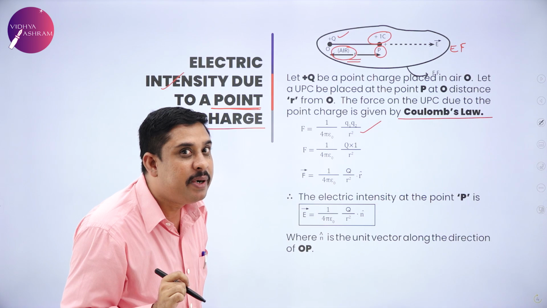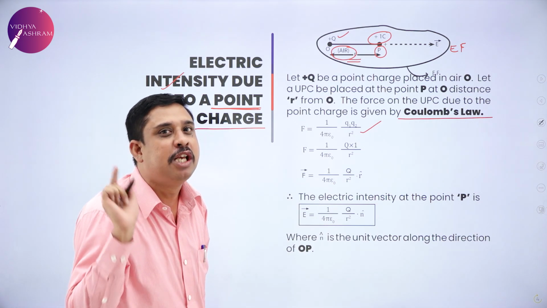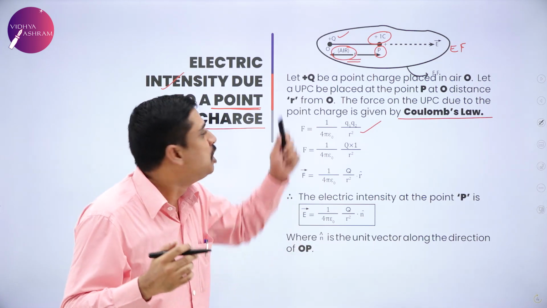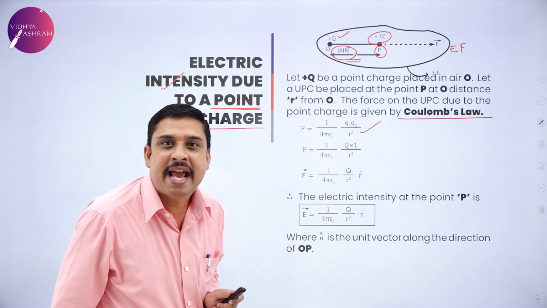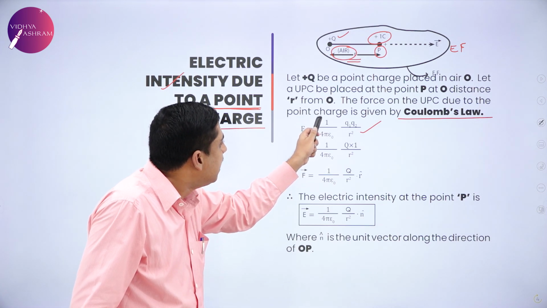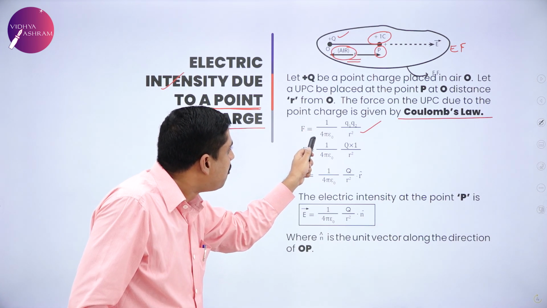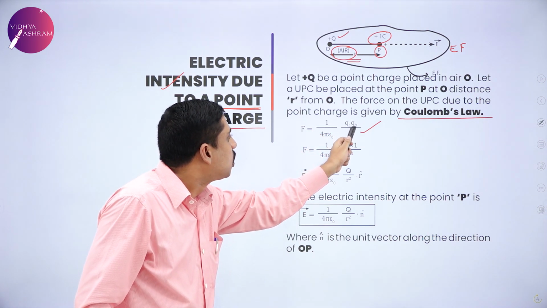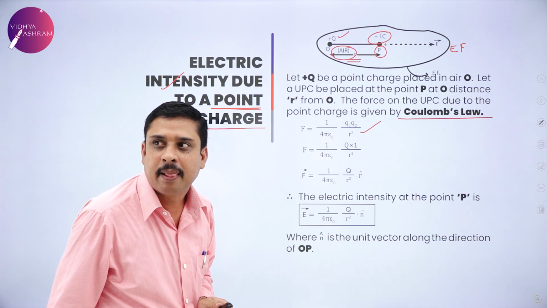If it was a material medium, epsilon would come in, but generalizing, the two charges are placed in free space. Force is 1 divided by 4 pi epsilon naught, Q1 Q2 by r square.